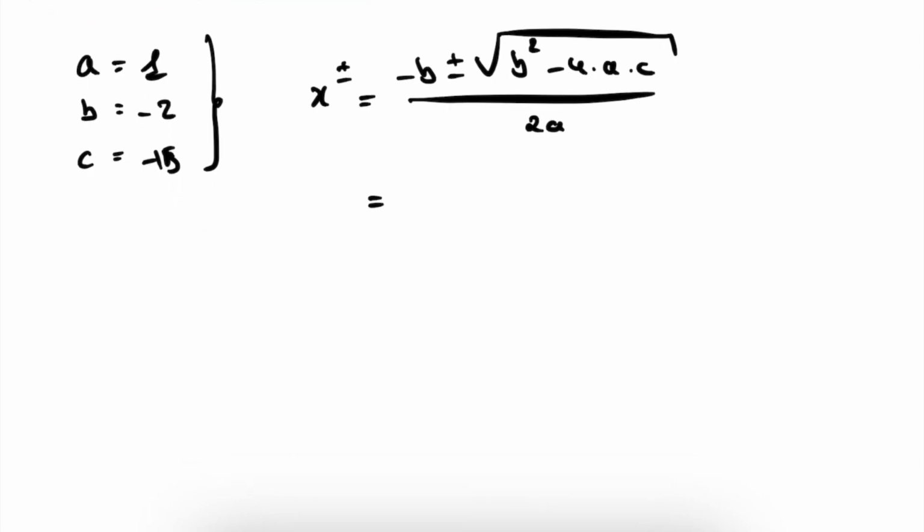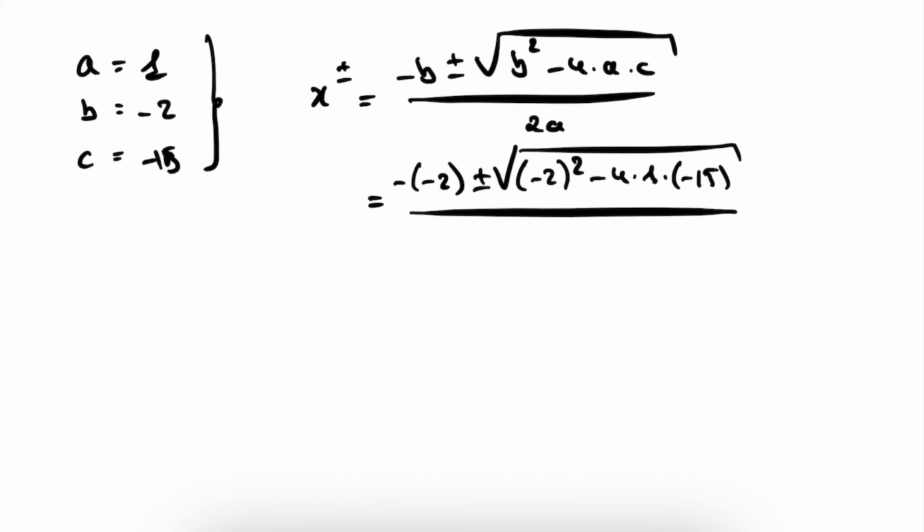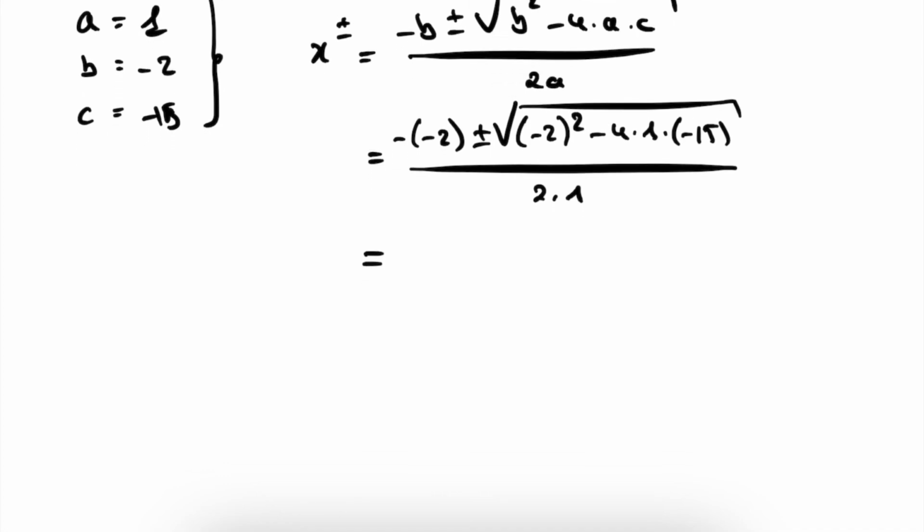And now we can just plug our A, B, and C in this equation, and we basically just solve it. So minus B is minus minus 2, beware of the minus sign, plus minus minus 2 squared, minus 4 times A, which is equal to 1, times C, which is equal to minus 15, divided by 2 times 1, because A is equal to 1.